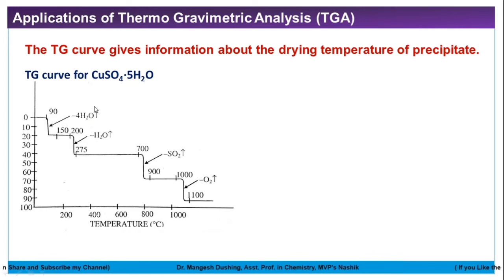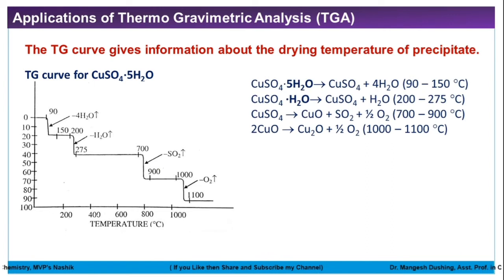If you heat this pentahydrate copper sulfate, it gives a thermogravimetric curve like this. These are the stages where thermogravimetric changes in mass occur. If you heat this pentahydrous copper sulfate at 90 to 150, then 4 water molecules will be lost.